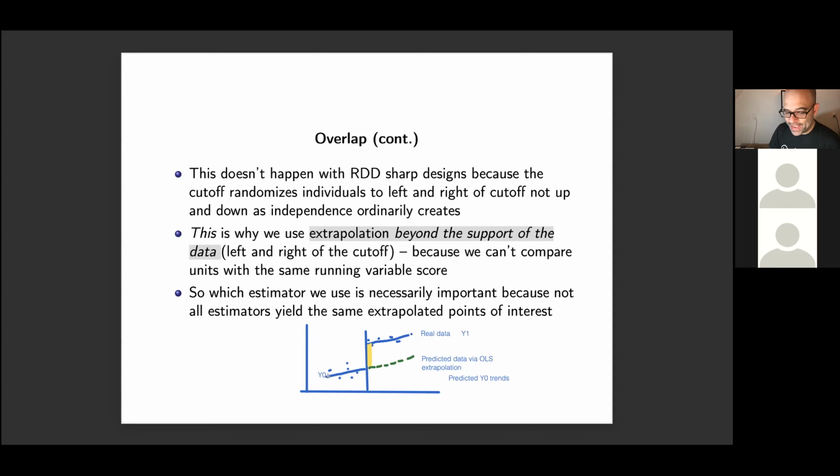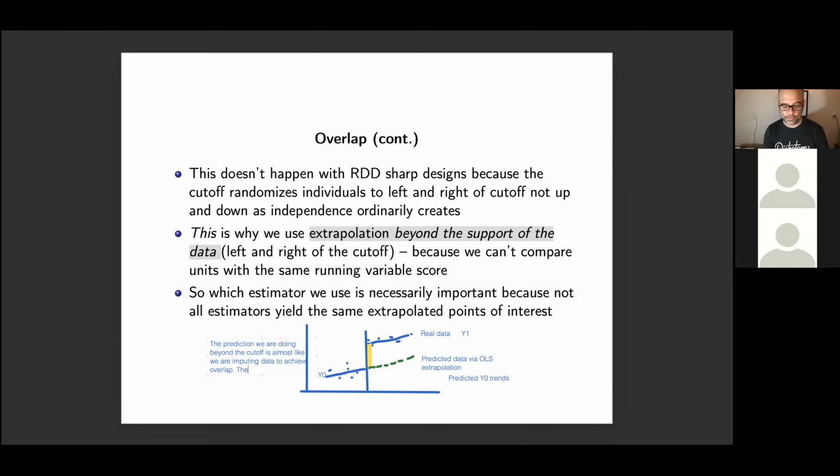And if we have enough data, we'll have tight predictions and we can do hypothesis tests right there. Even though right there there's not a lot of data, we'll be using all the data to do the projection. And that's how we're going to be comparing right here. It's as though the prediction we are doing beyond the support, beyond the cutoff, is almost like we are imputing data to achieve overlap.